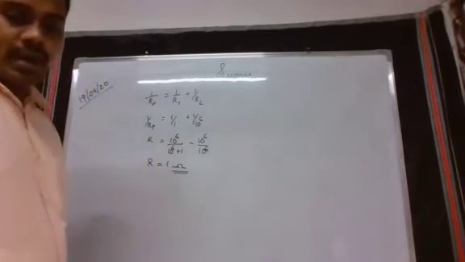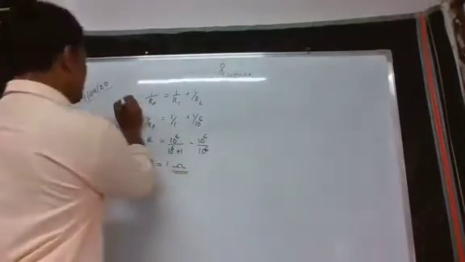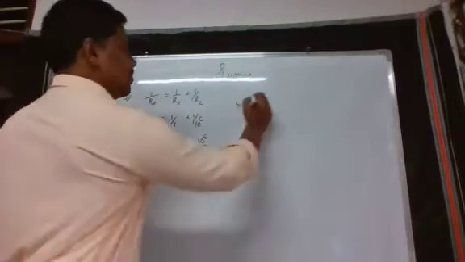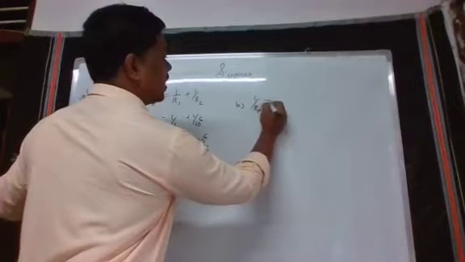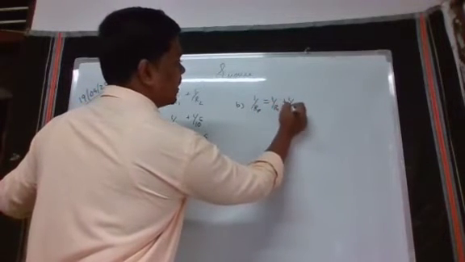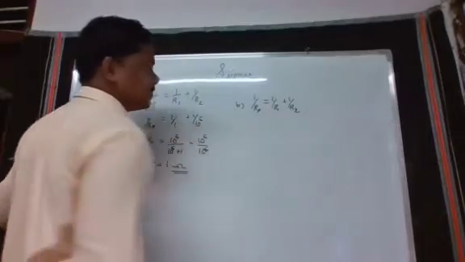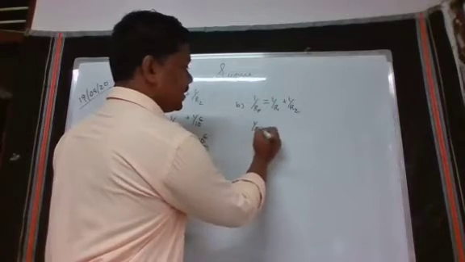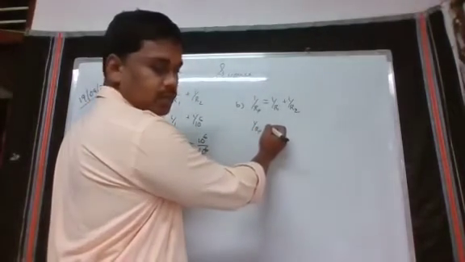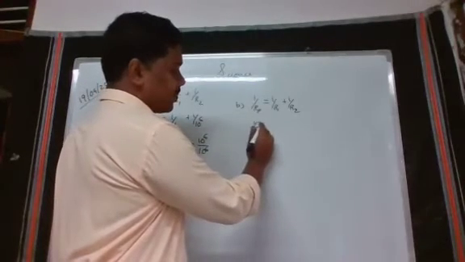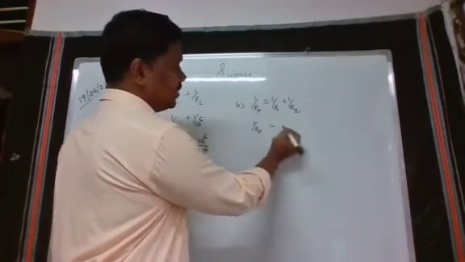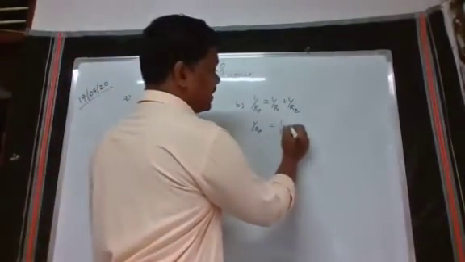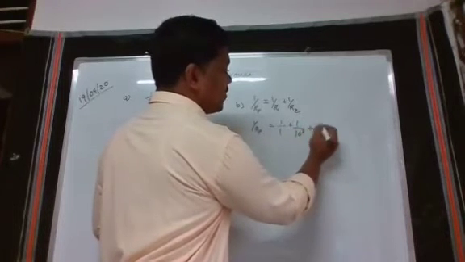That is the first question, A. For B we have the same equation, 1 by Rp is equal to 1 by R1 plus 1 by R2 and so on. So we substitute the values: 1 by Rp is equal to 1 by 1 plus 1 by 10 raised to 3 plus 1 by 10 raised to 6.